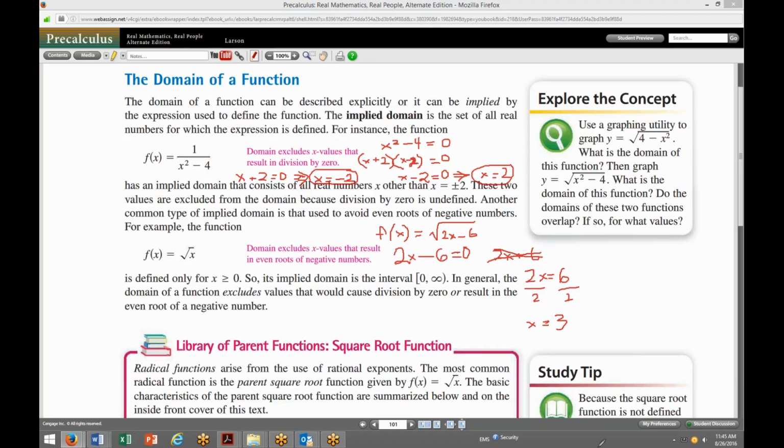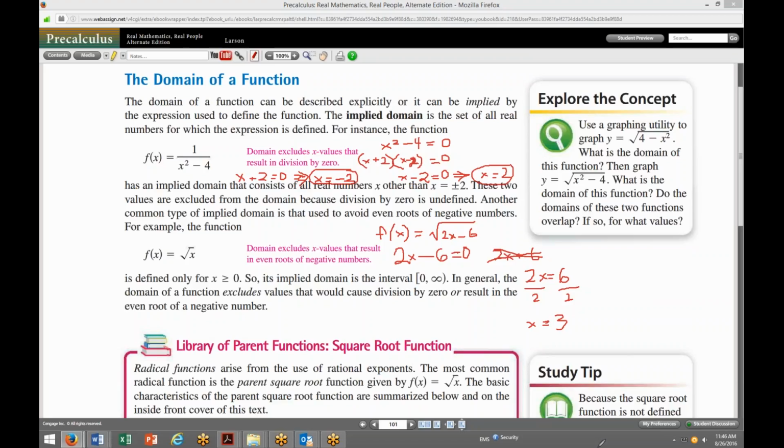Either x is greater than that or x is less than that, depending on the square root expression. In this case, 3 is the smallest value of x that works, and any values of x greater than that work. If you had 6 minus 2x inside the radical, 3 would be the largest value of x, and all values less than that would work. For instance, x equals 3, then 2 times 3 is 6, 6 minus 6 is 0, you're taking the square root of 0.